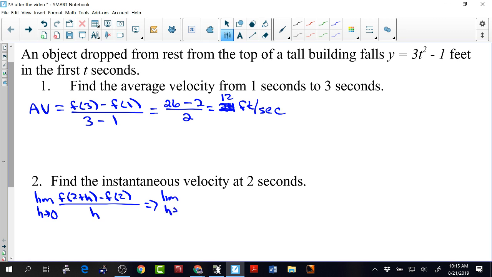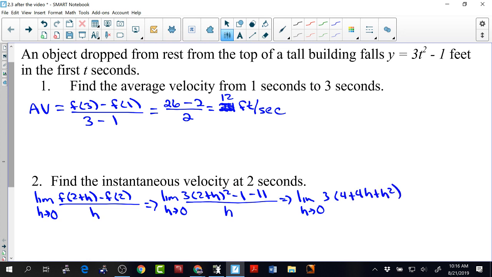We have the limit as h approaches 0 of 3 times 2 plus h squared minus 1, minus 11, all over h. Limit as h approaches 0 of 3 times 4 plus 4h plus h squared.